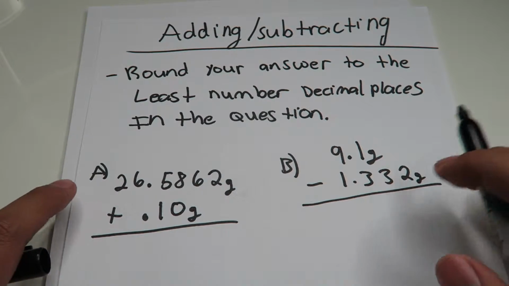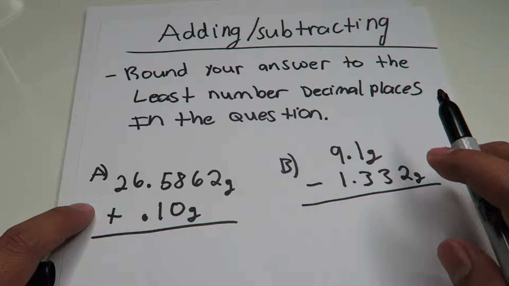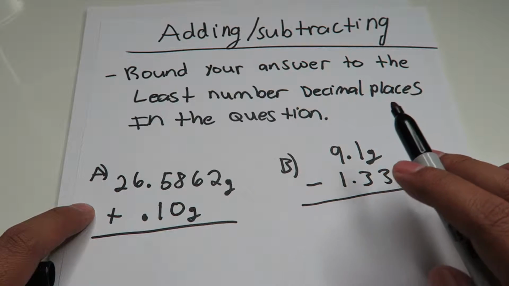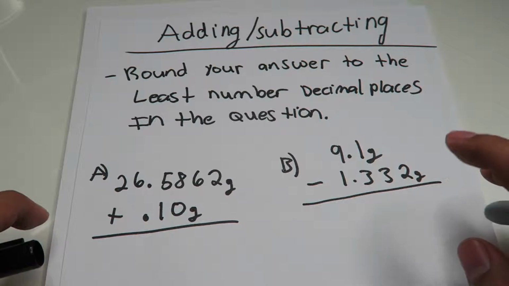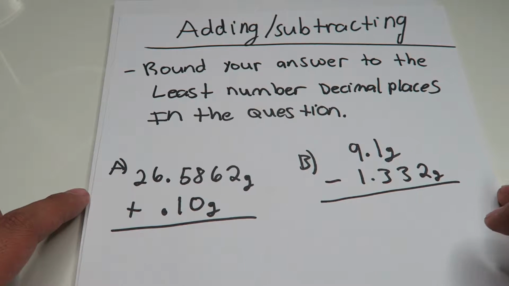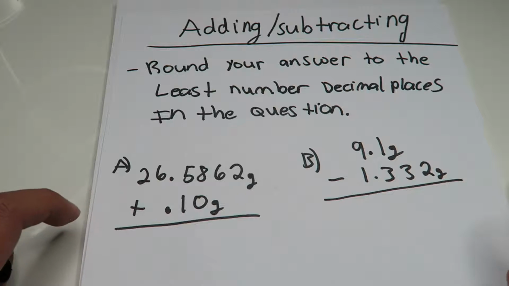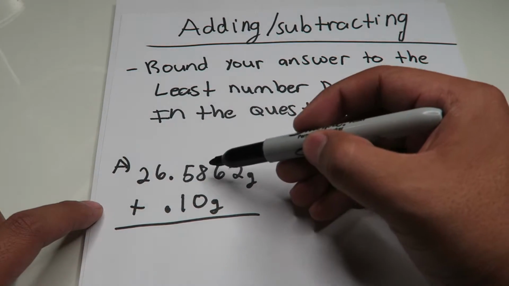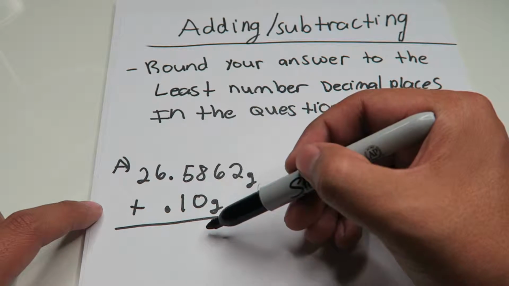When you are adding and subtracting significant figures, you always want to round your answer to the least number of decimal places in the question. So what I like to do is put a line down between the last decimal place.